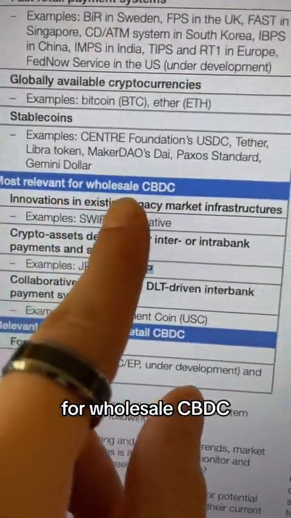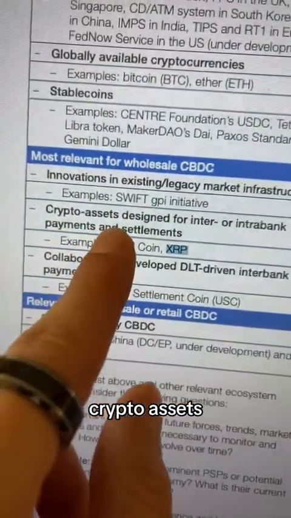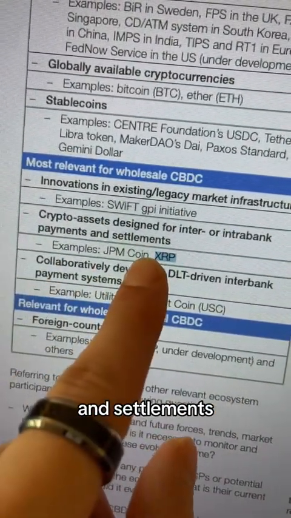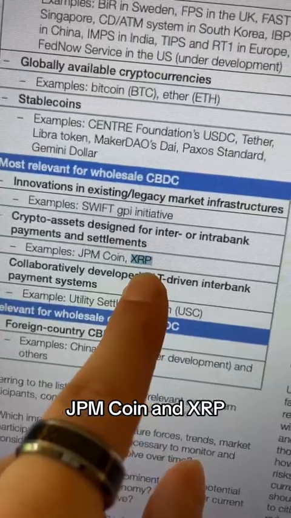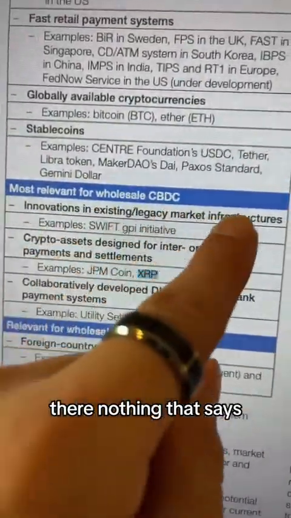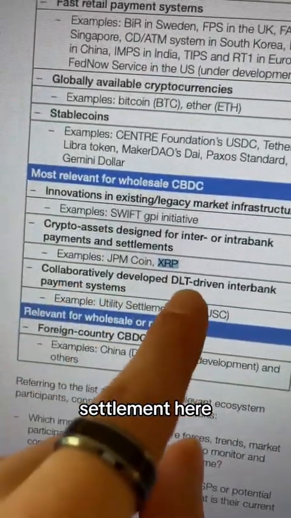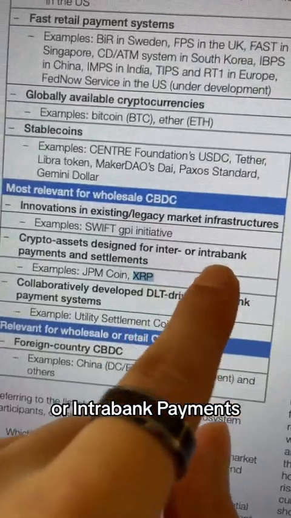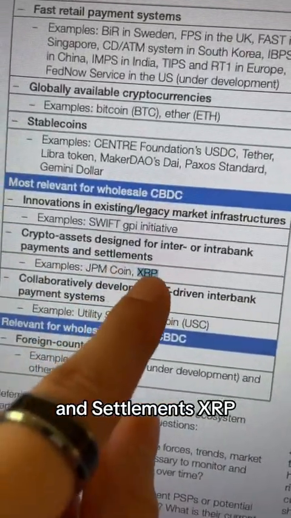Most relevant for wholesale CBDC, crypto assets designed for inter- or intra-bank payments and settlements: JPM Coin and XRP. Noticed how there's nothing that says settlement there, nothing that says settlement here. Settlements. Crypto assets designed for inter- or intra-bank payments and settlements, XRP.